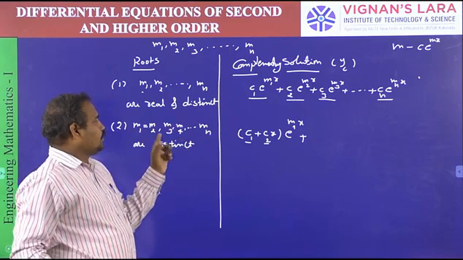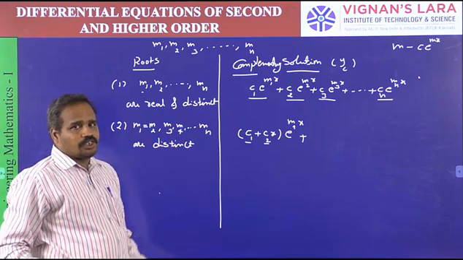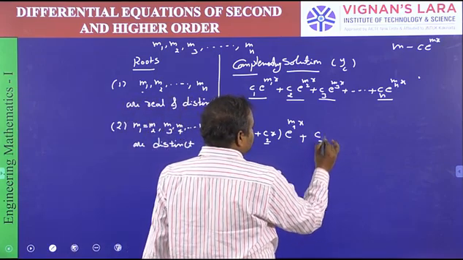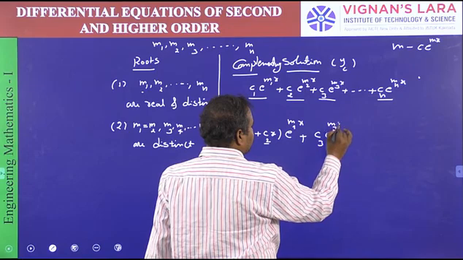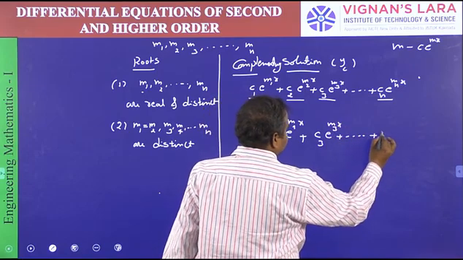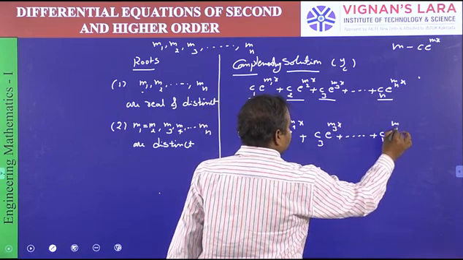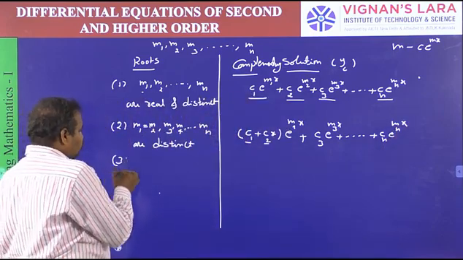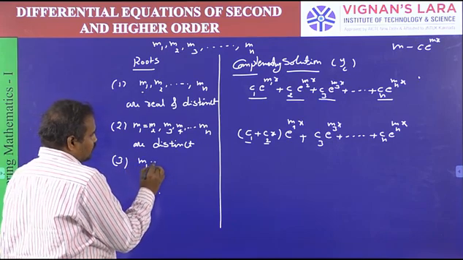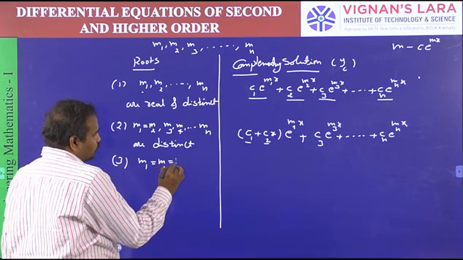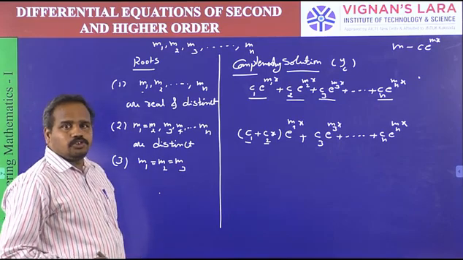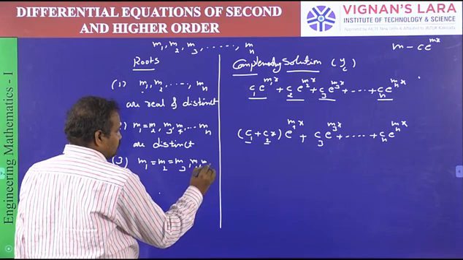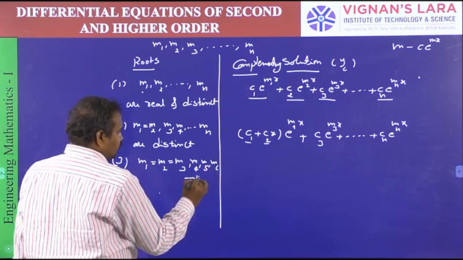For the remaining roots we write C3 into e power m3x plus and so on plus Cn into e power mnx. Coming to the third case, if three roots are equal, m1 equal to m2 equal to m3, and the remaining are distinct.